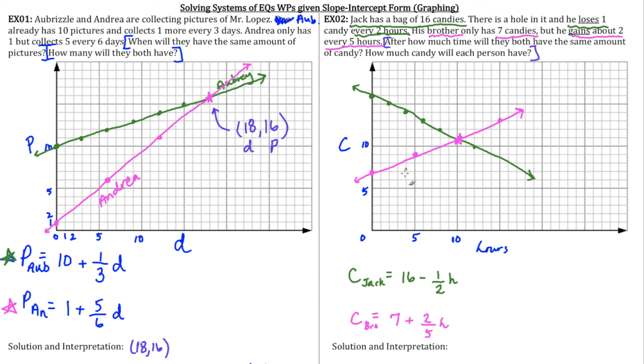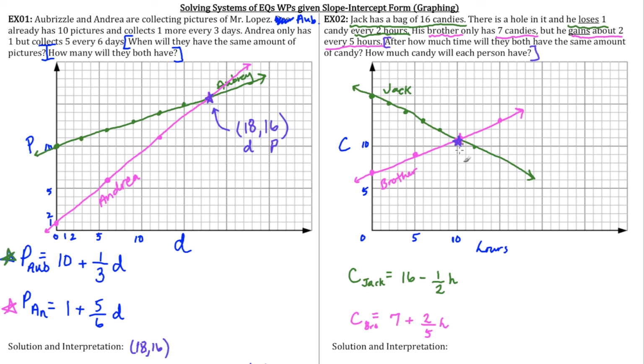So this is the brother. And I forgot to label, this is Jack's candy. The amount of candy that Jack has, the amount of candy that his brother has. And then here is the common point. So I should do that probably right here too.